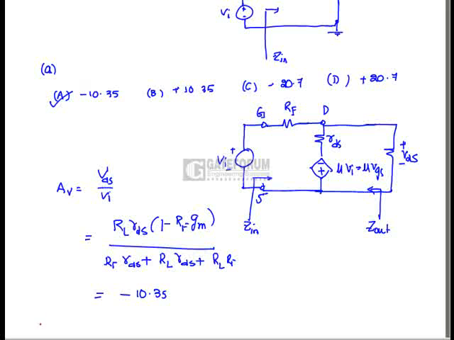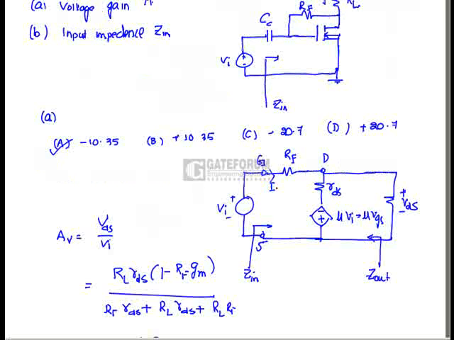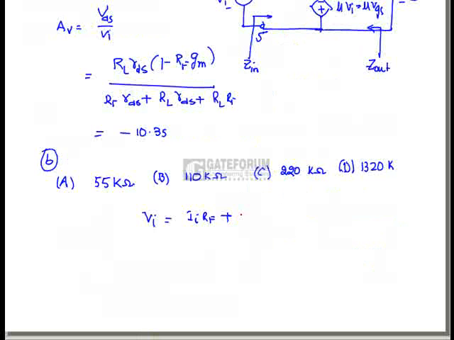Regarding part B, in order to find the input impedance in the following circuit, we need to apply the KVL in the input loop, which gives Vi equals Ii RF plus VDS.